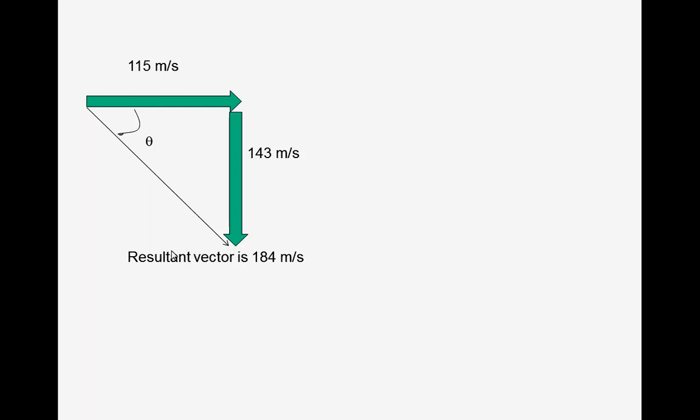Well, positive or negative doesn't make sense in this context because we're talking about a vector sum. It's not oriented purely in the x or purely in the y, so there's no way to say it's positive or negative. So the direction part, it's 184 meters per second, and then the direction part is an angle.